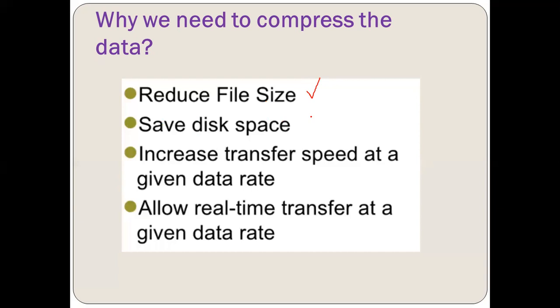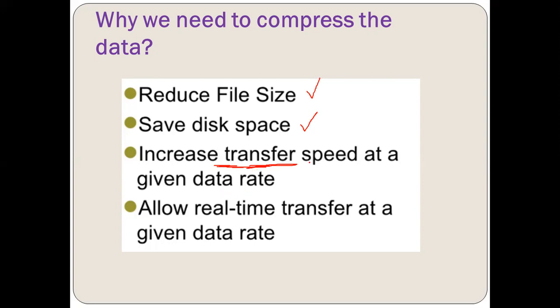Second thing, when the size of the file is reduced, you can easily say that it is going to save disk space, right? Next thing, if the size of the file is reduced, you can transfer the data at better speed. With the same given data rate, you can increase the transfer speed. When a particular file is transmitted from one end to another, if the file size is quite large, it will take more time than if the file is smaller.